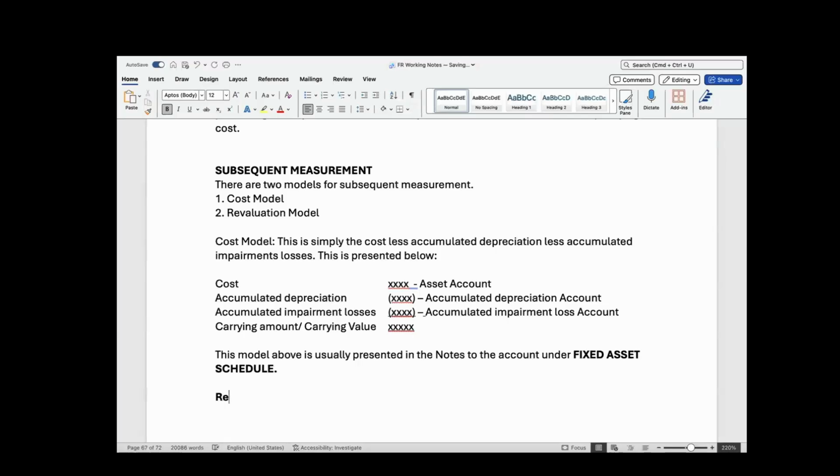Second one is the revaluation model. Similar to the cost model, this is also simple.